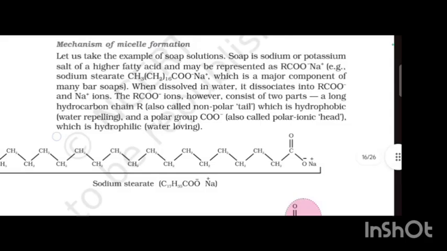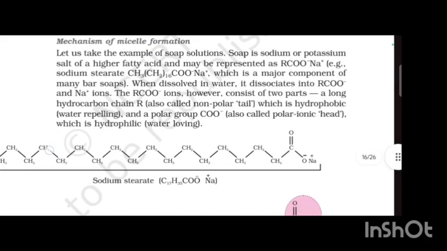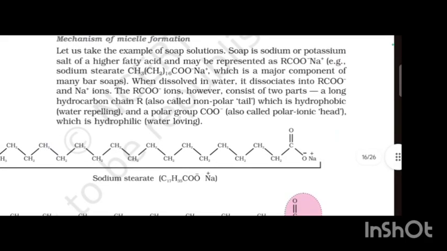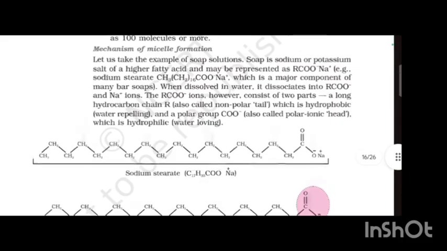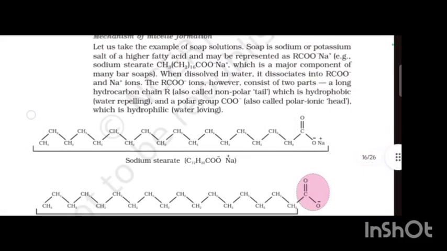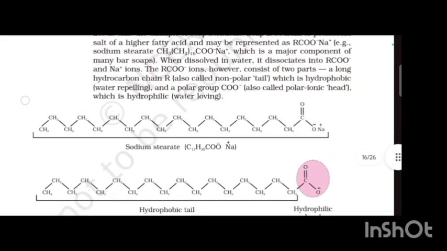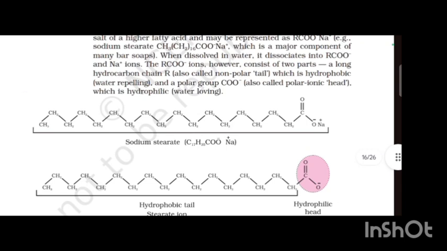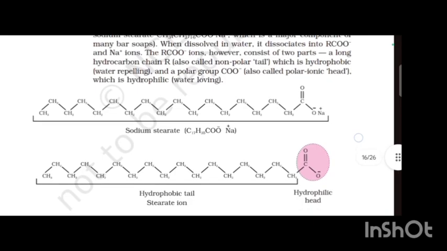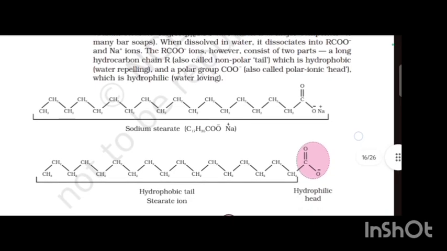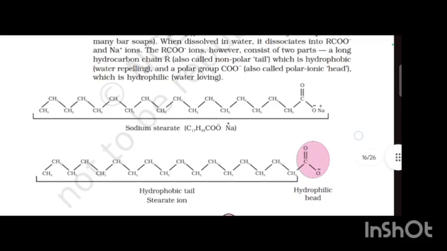Mechanism of micelle formation. Let us take the example of soap solution. Soap is the sodium or potassium salt of a higher fatty acid and may be represented as RCOO⁻Na⁺. Example, sodium stearate, CH3(CH2)16COO⁻Na⁺, which is a major component of many bar soaps. When dissolved in water, it dissociates into RCOO⁻ and Na⁺ ions.